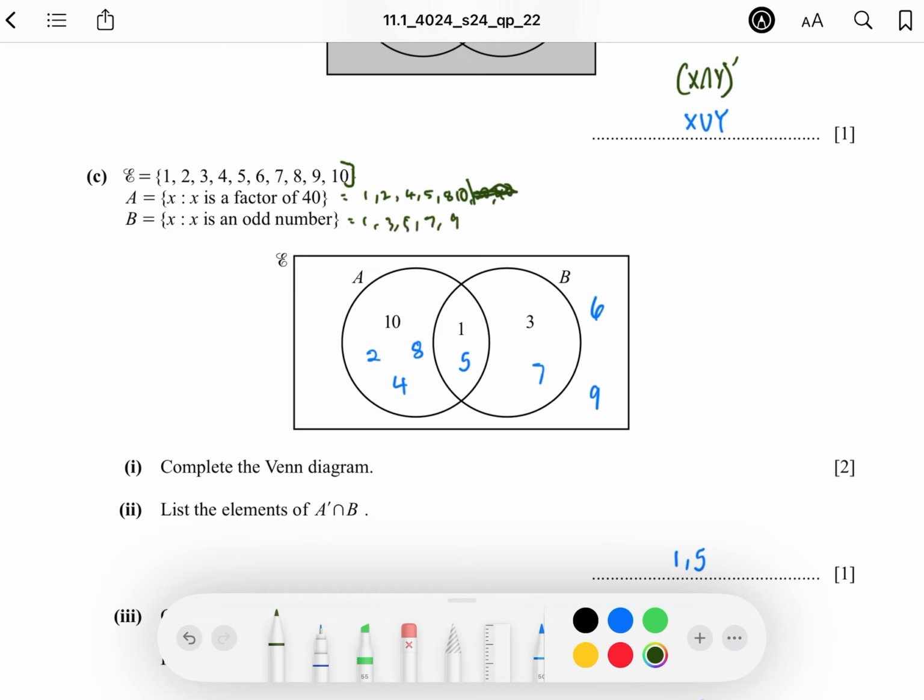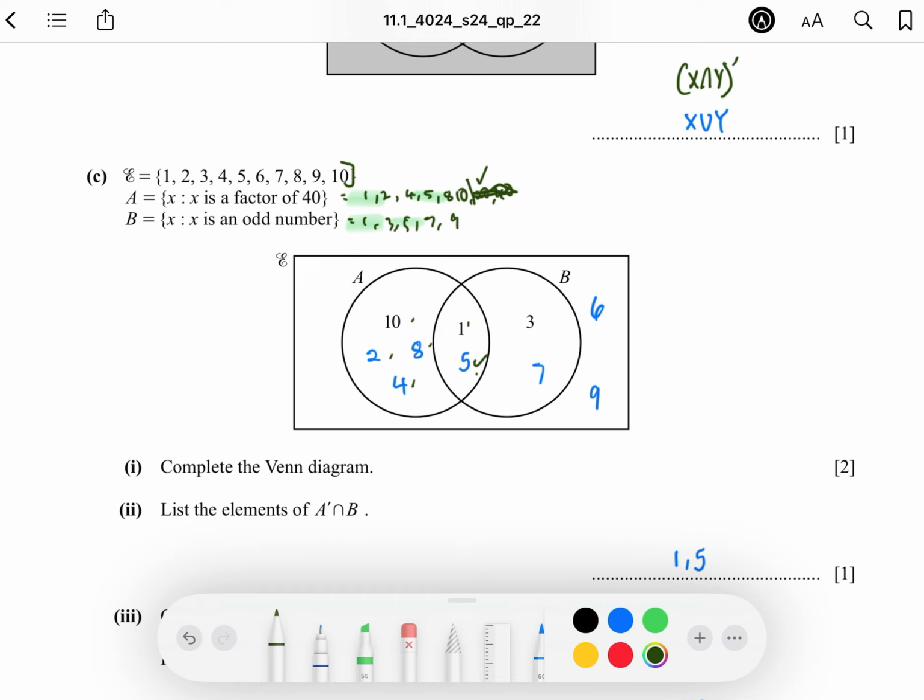Using this one, identifying some common elements there. So 1 and 5, that means that's correct. And then making sure all the elements are in there: 1, 2, 4, 5, 8, 10. So that's accounted for.